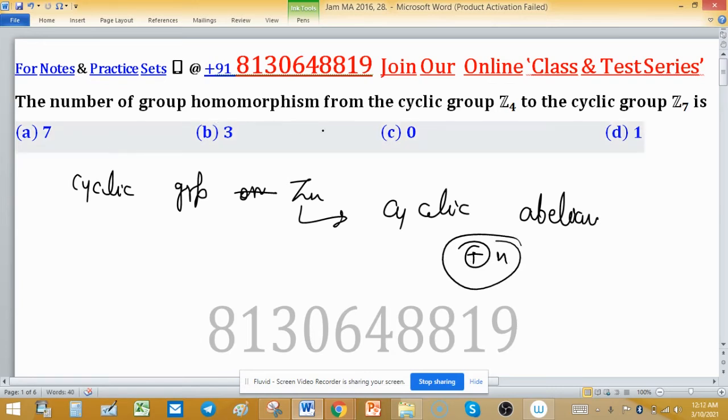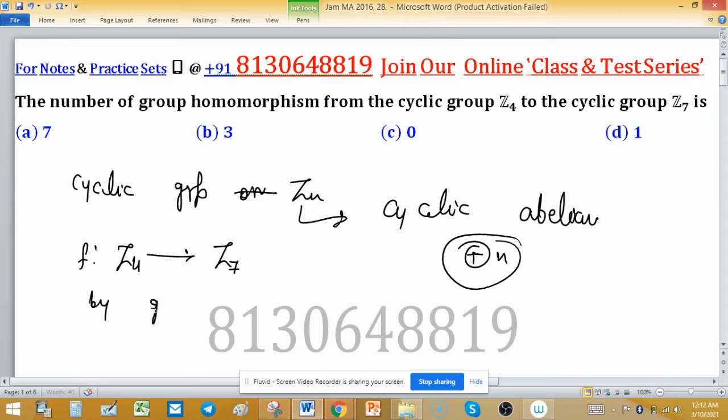Now, the number of group homomorphisms from the cyclic group Z4, suppose this is a function from Z4 to Z7, can be easily found by the GCD. If these are m and n, then in general we can find the number of group homomorphisms by GCD of m and n.